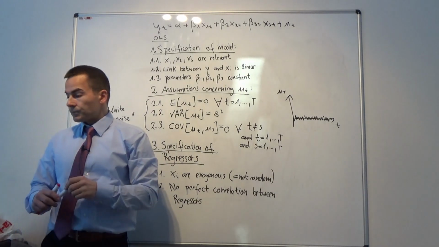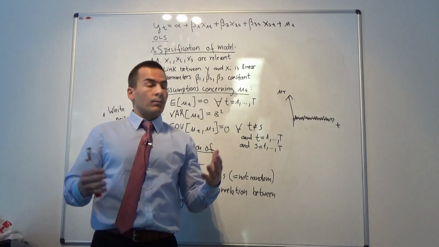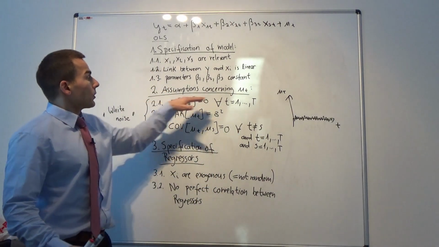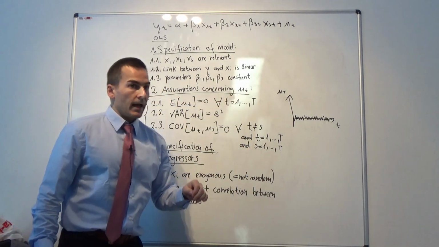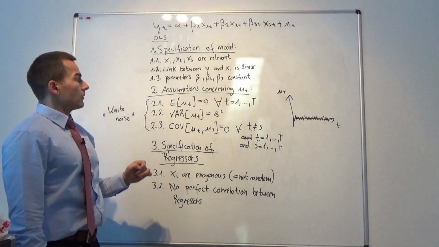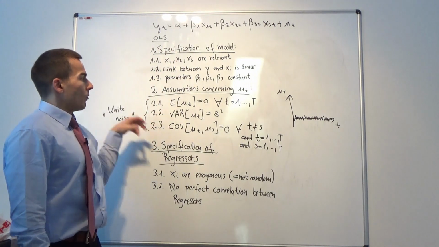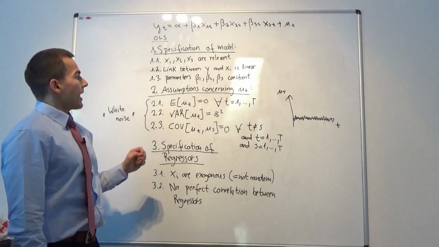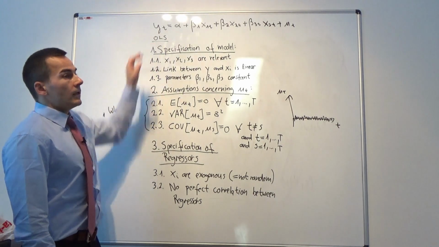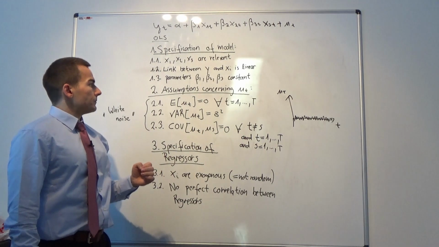This assumption would be violated if we have measurement errors in our yt. So we assume, in the derivation of our model, that we do not have measurement errors in our dependent variable.